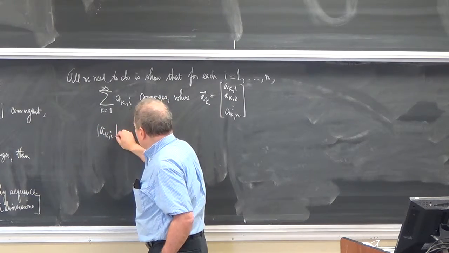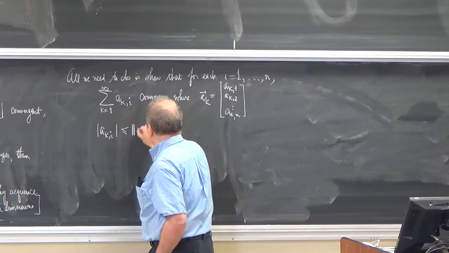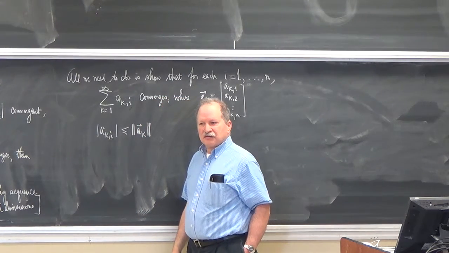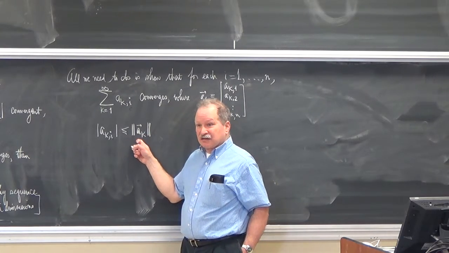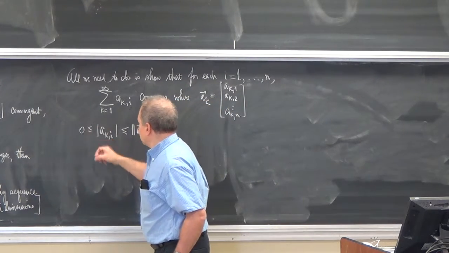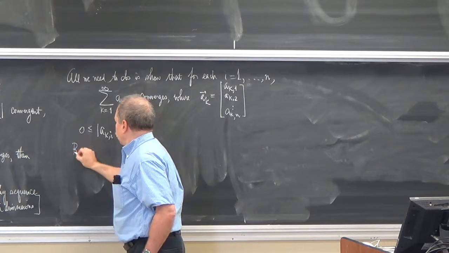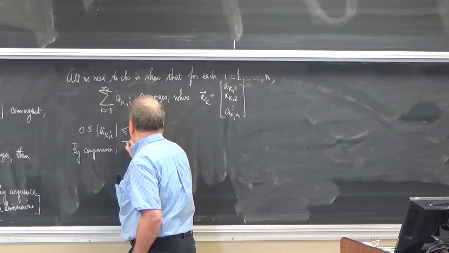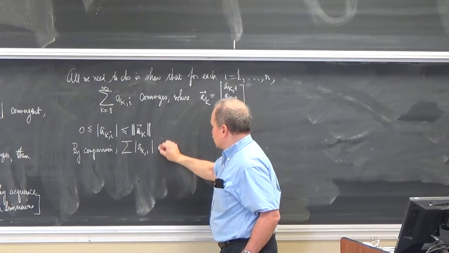So we know that the absolute value of the ith coordinate is at most the length of the whole vector. We know this series converges, so by comparison, this series converges. So the absolute values of the ith coordinates give you a convergent series.